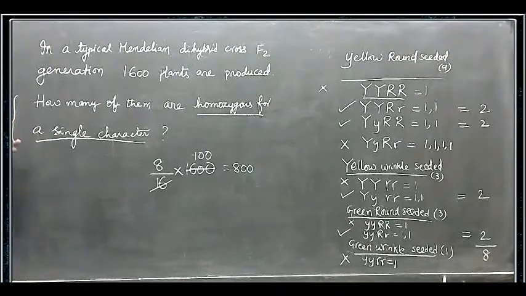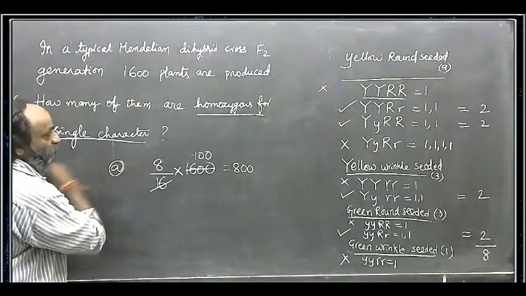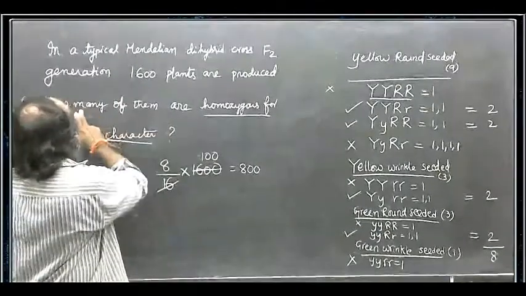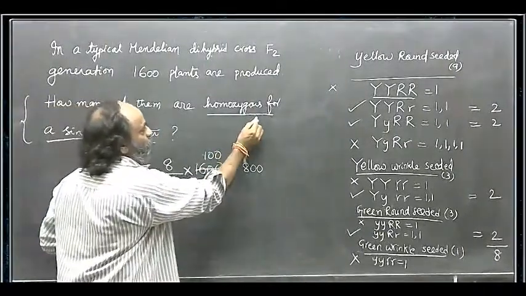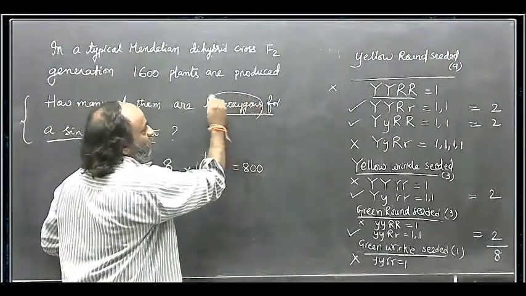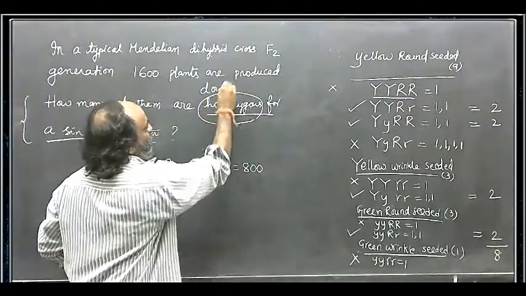Now I will make a small change in this. How many of them are, instead of homozygous, I will use double heterozygous.